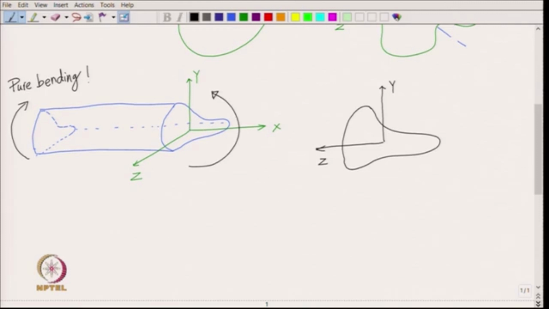So, the bending moment is then going to be constant all along the beam, and therefore, there is no shear force. So, bending moment is constant and no shear force acts.